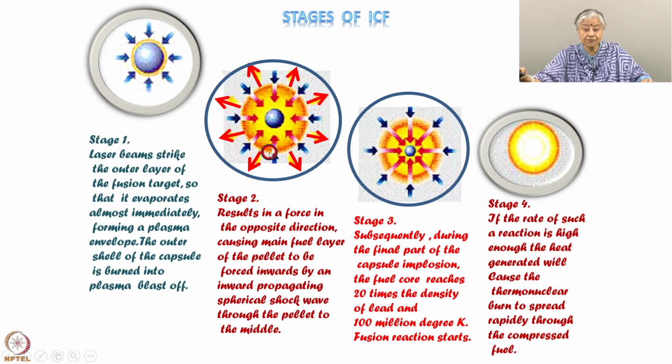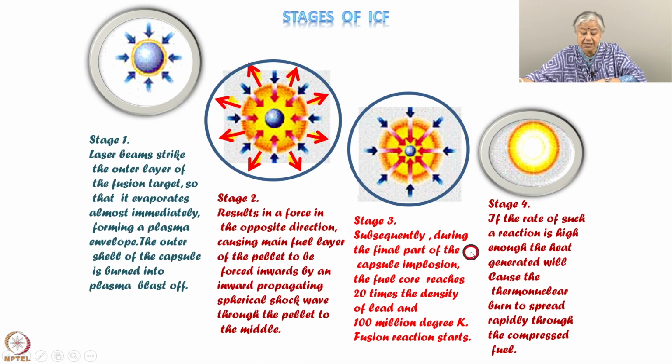It is not just an ordinary force, it is a shock wave. The shock waves happen in a very short time. It is a kind of force, but within a short time, it is a large force. That is why it is called a shock wave, which goes right up to the middle of this pellet.